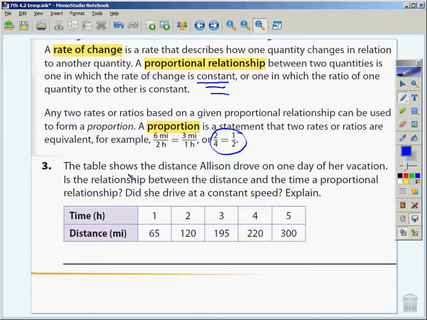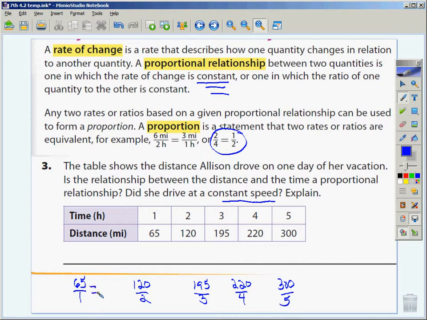So we're going to take a look at this, and we're going to decide whether this has a constant speed. To find if it has a constant speed, we look at 65 over 1, 120 over 2, 195 over 3, 220 over 4, and 300 over 5.